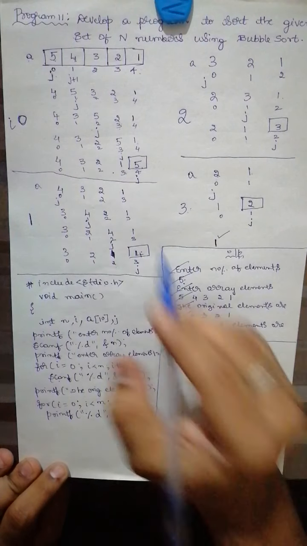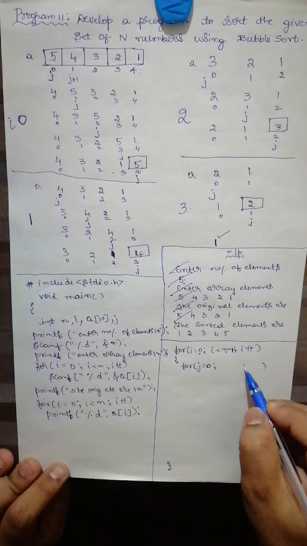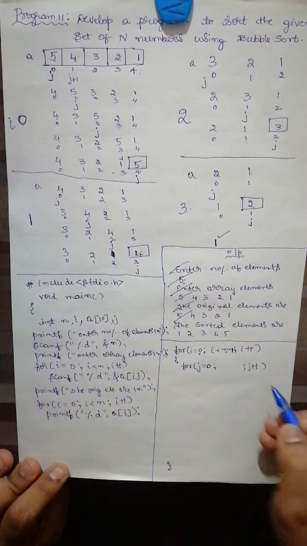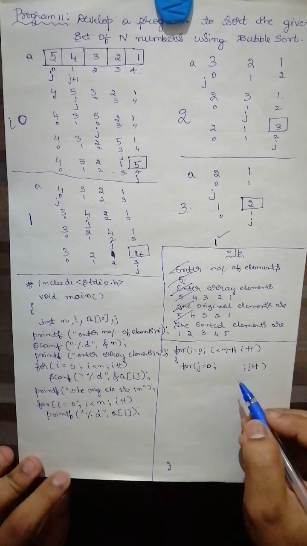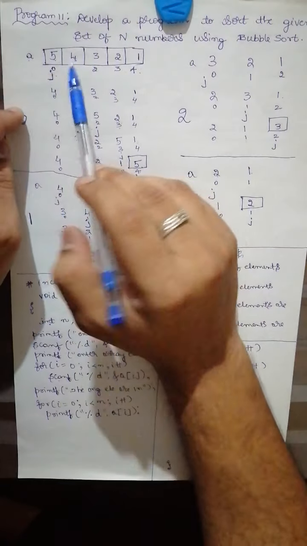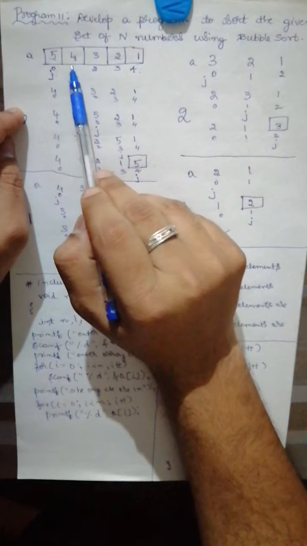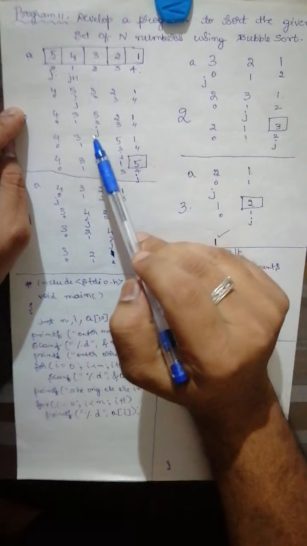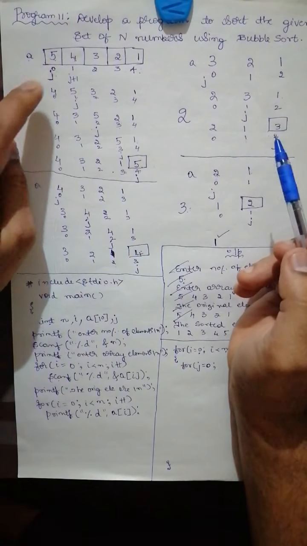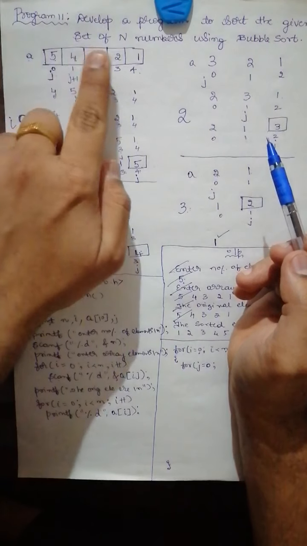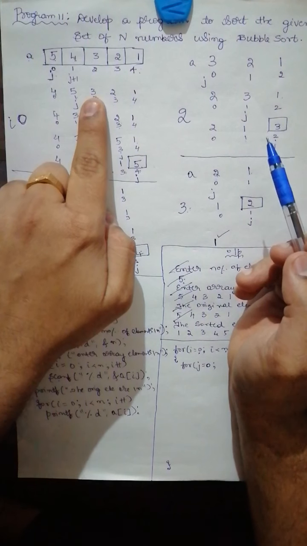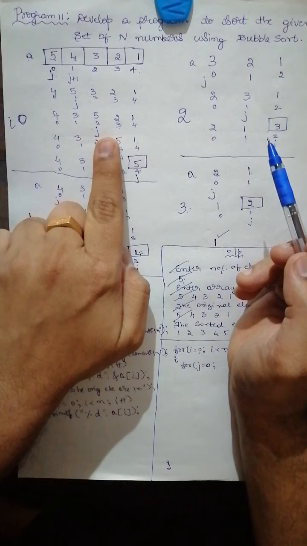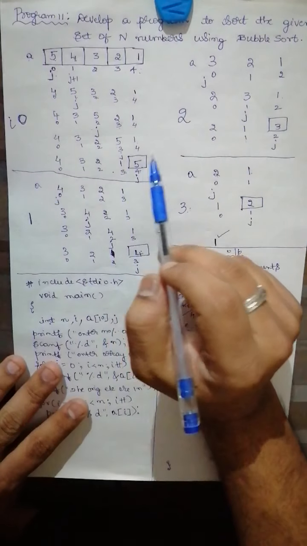And one more thing, every time you are increasing the j value, j plus plus. Then what must be the condition? See, in the first operation I am comparing 1 time, 2 times, 3 times, isn't it? One time for the first 2 elements, second time the next 2 elements, third time the next 2 elements, and the last time the next 2 elements.